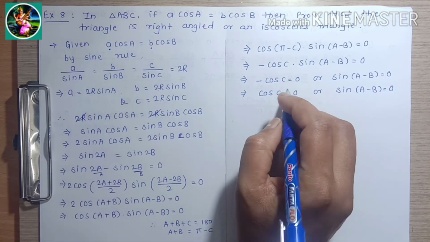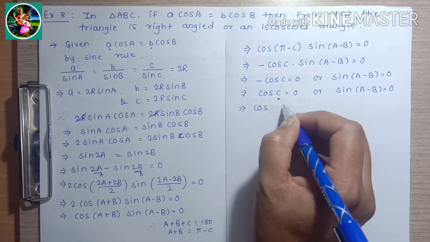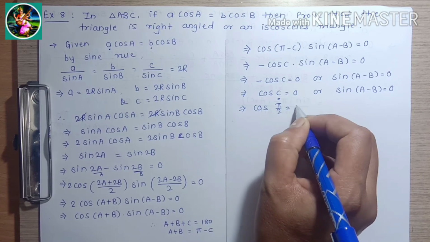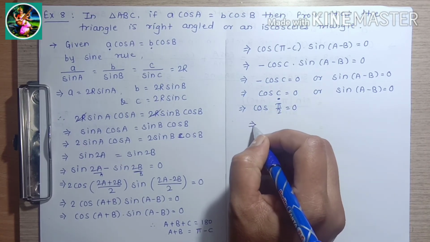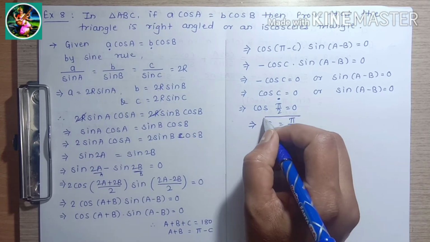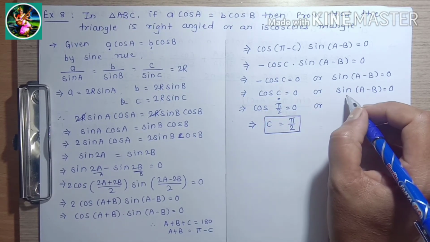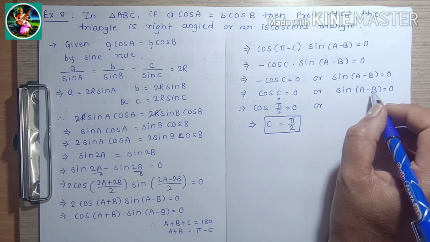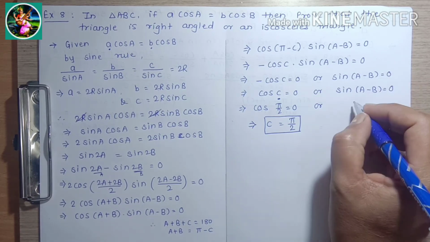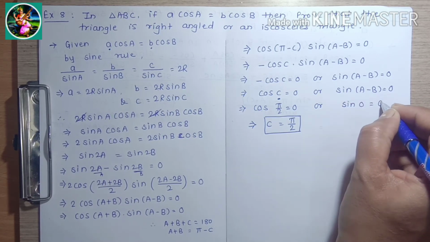We know that cos of pi by 2 is 0. So cos of pi by 2 is equal to 0 gives that C is equal to pi by 2, or the sin ratio is 0 for 0, and we know that sin 0 is equal to 0.